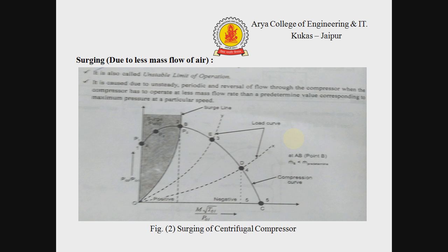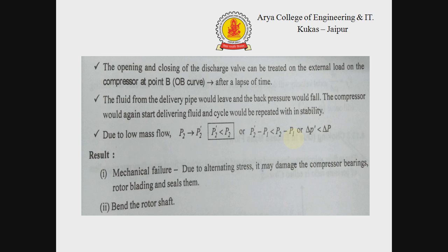It is again a curve between the pressure ratio and the mass flow parameter. Now the opening and closing of the discharge valve can be treated as the external load on the compressor at point B. After a lapse of time, the fluid from the delivery pipe would leave and the back pressure would fall.